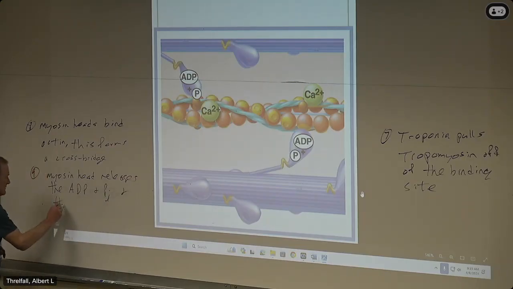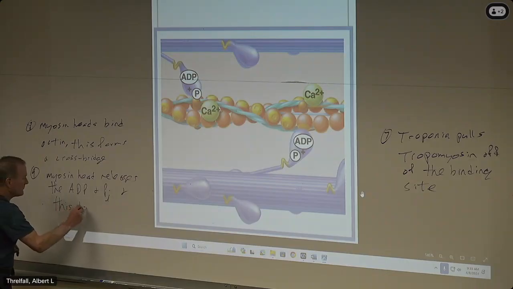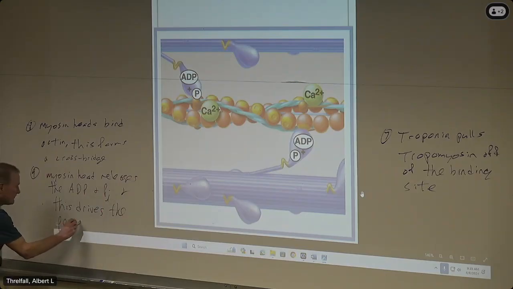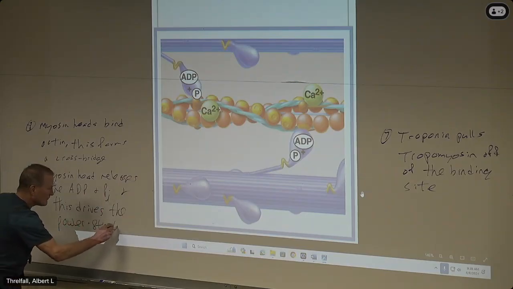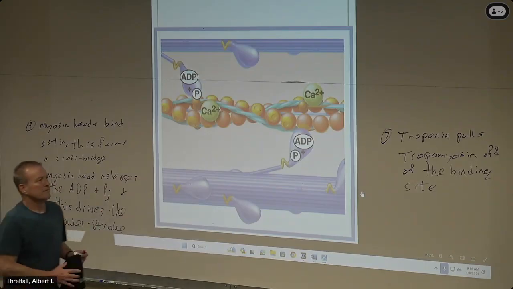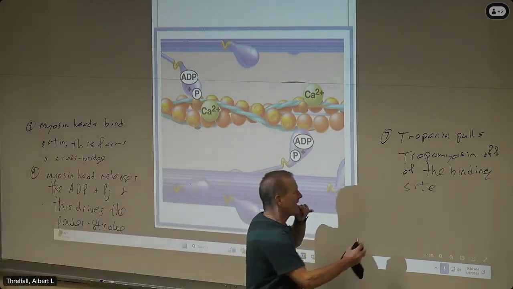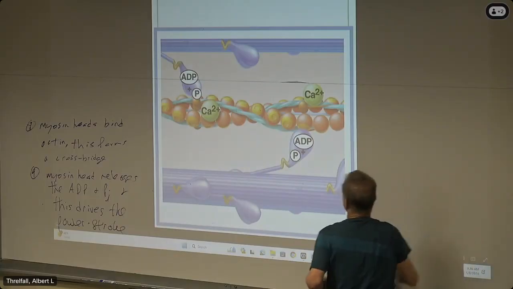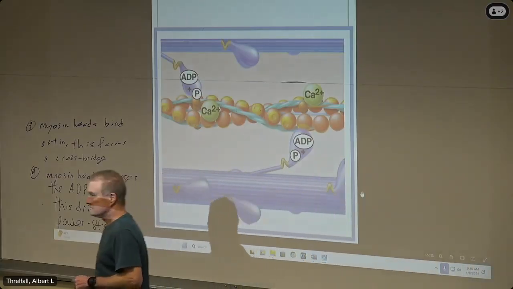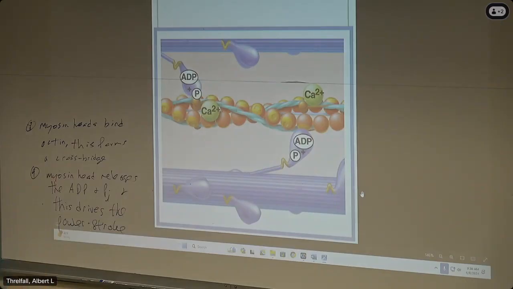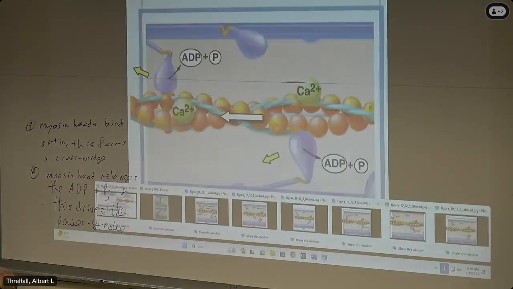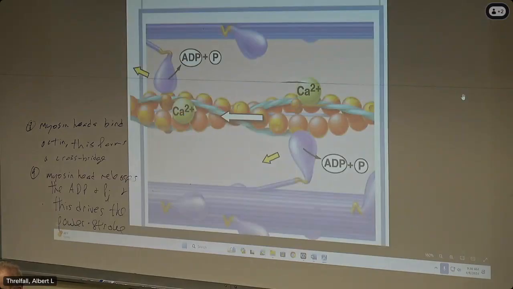And this drives the power stroke. On the next picture, we'll see the calcium being released. The angle through the neck changes. Power stroke has occurred.